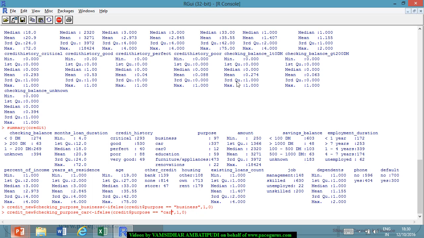So here also I'll use car: ifelse credit purpose equal to car, set it as 1.